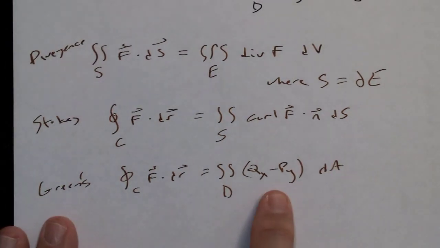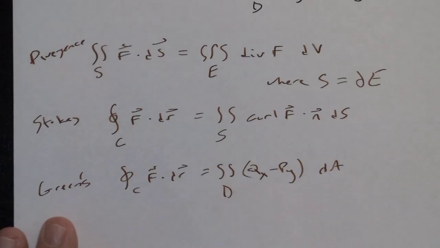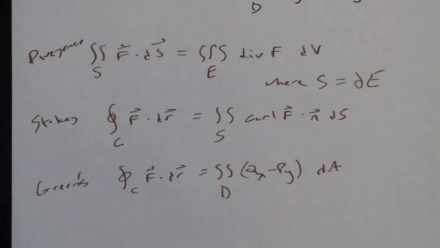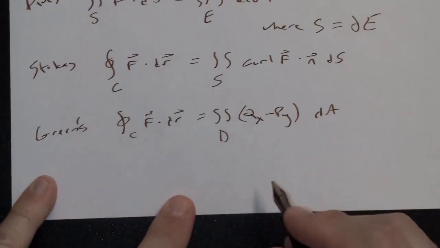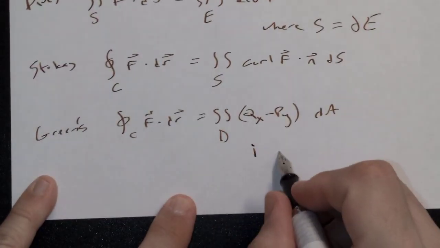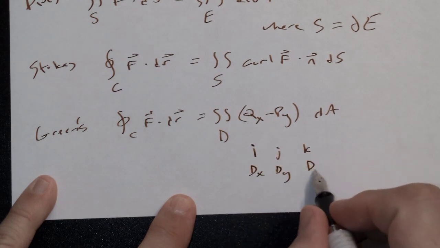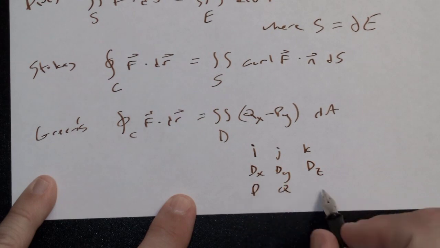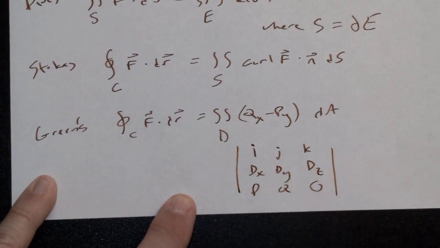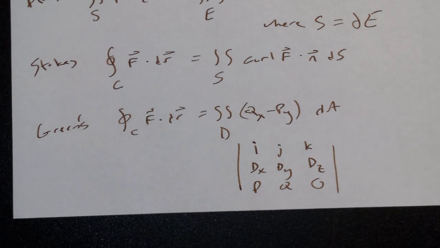And that's why this piece is the piece that comes from the curl. Because when I do the curl for just a two-dimensional vector field, that's going to give me 0. That's going to give me 0.